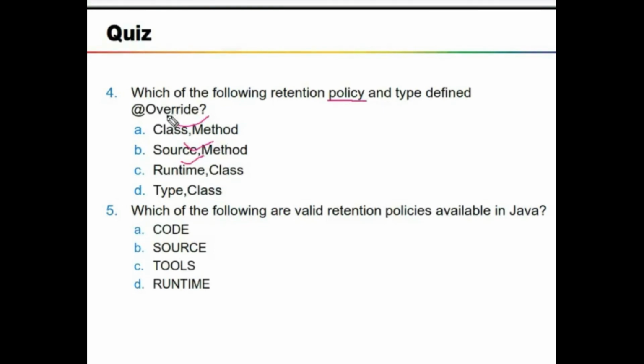How long it is applicable. So Override is runtime or compile time. If you are including dynamic mismatch, it becomes runtime. Then type can be class. So option C is correct.